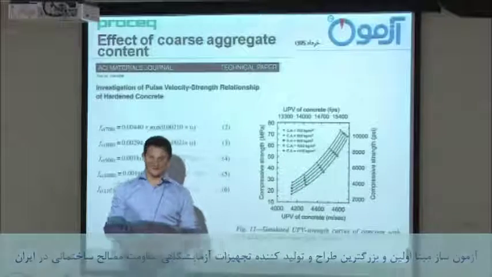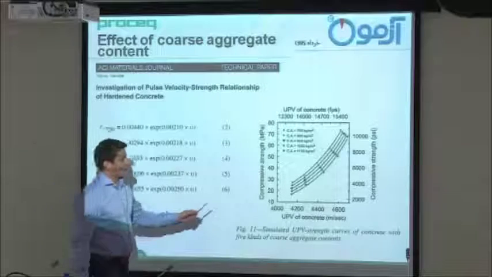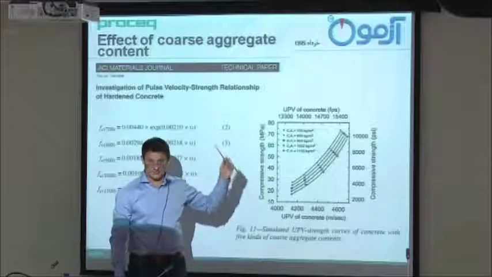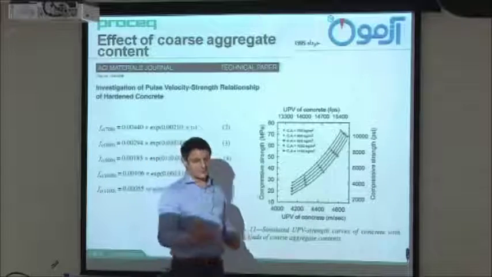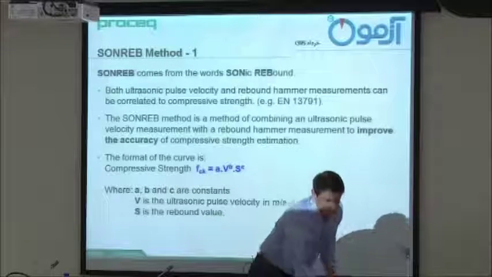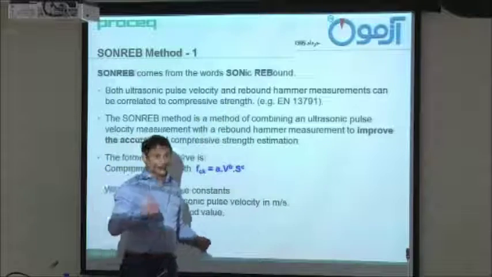So coming back to SONREP, to use ultrasonic to get the compressive strength, you have this curve, and then, like you have seen first at the chart, you get, because of the speed, you get more or less the compressive strength. This is working together the best way. SONREP is also standing for sonic, ultrasonic.